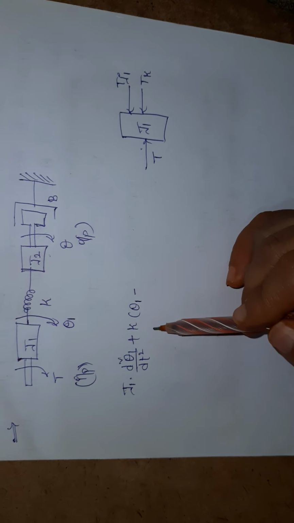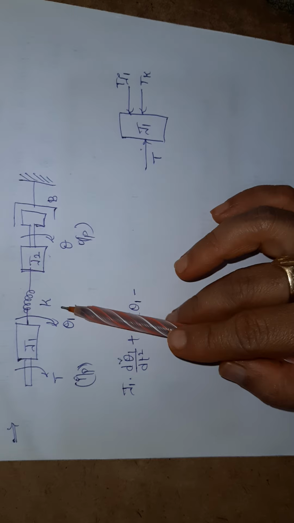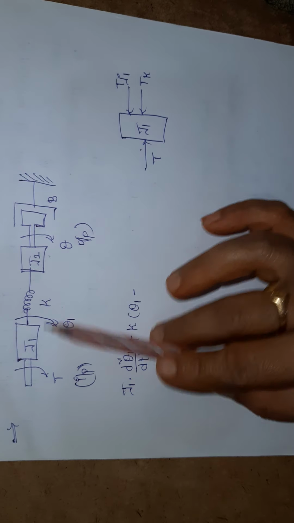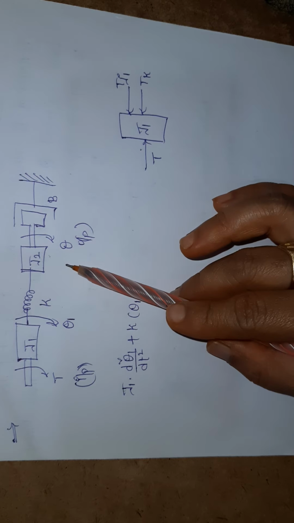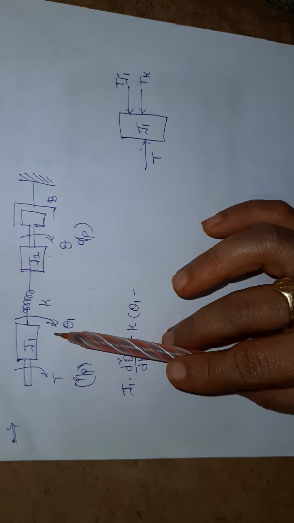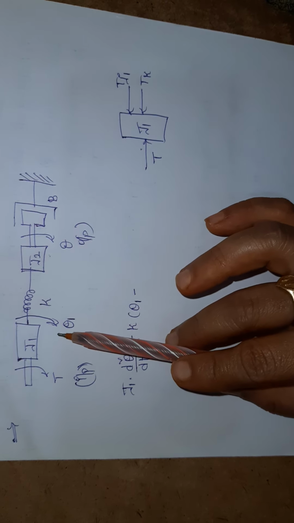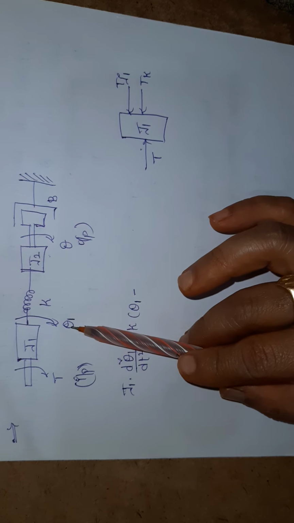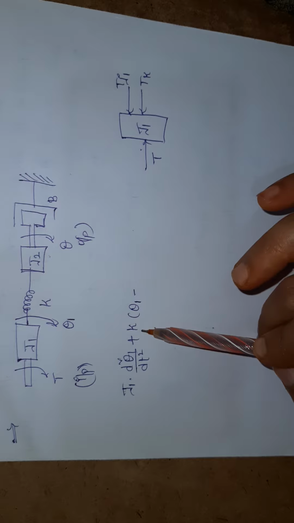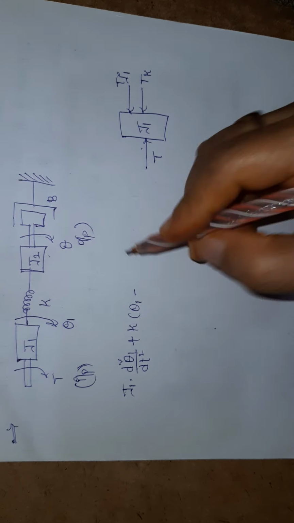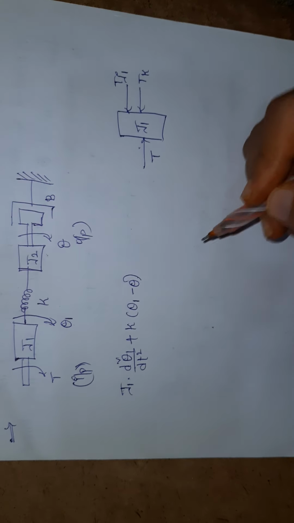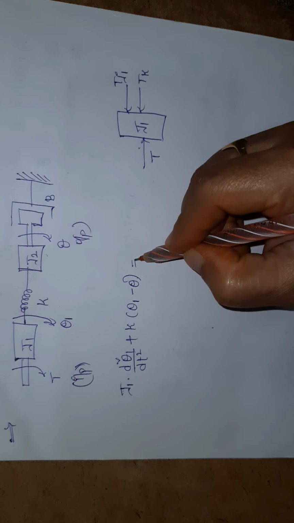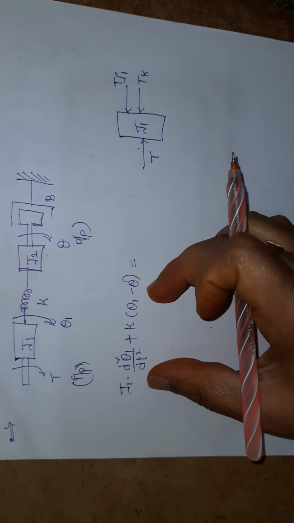Okay, because we have to write the force balanced equation by considering two displacements, because two nodes. If two nodes are present, definitely we should have two displacements. If not mentioned, you can consider it as theta 1. So k into theta 1 minus theta equal to, these are the opposing forces.